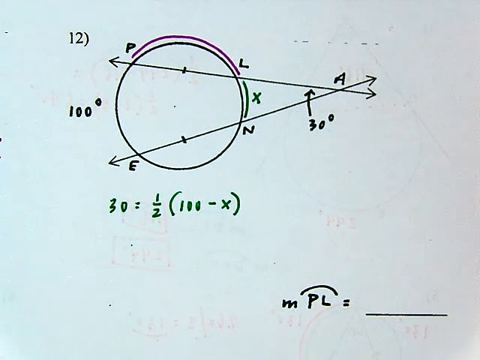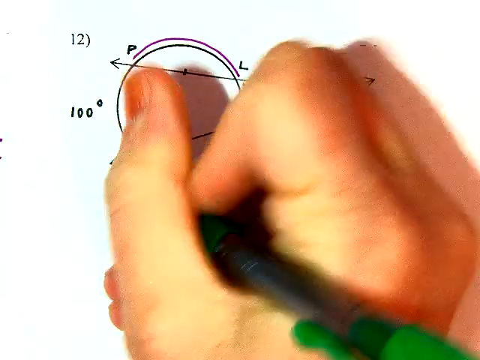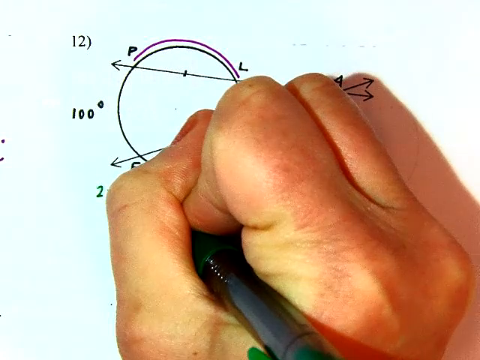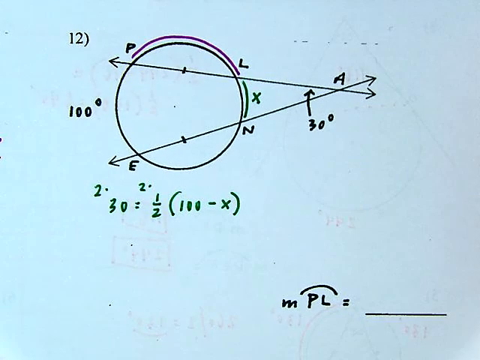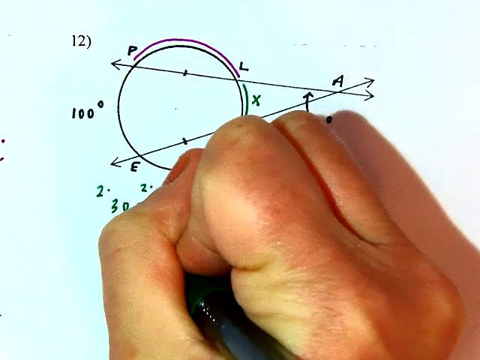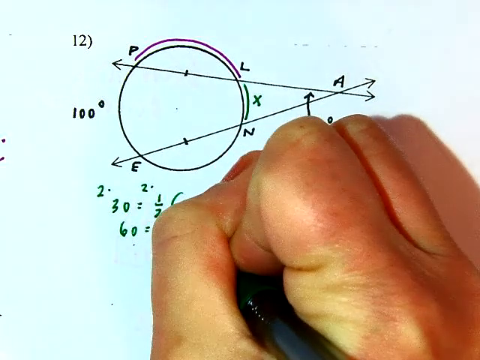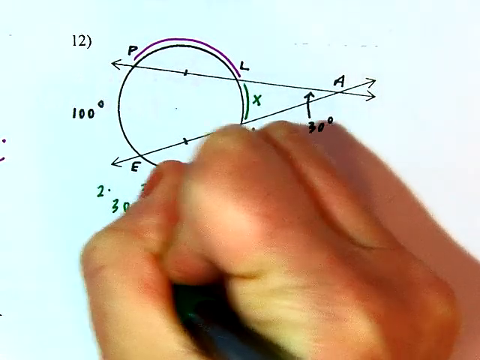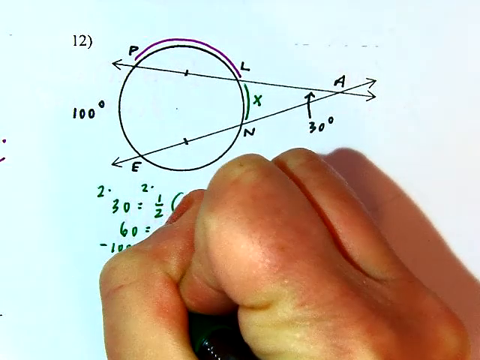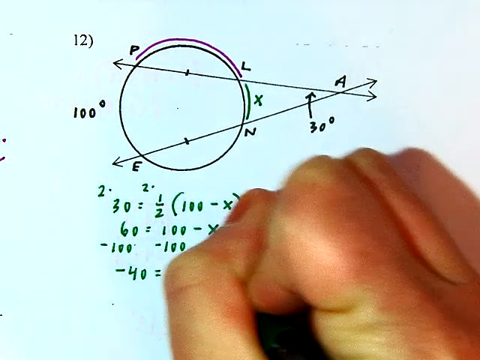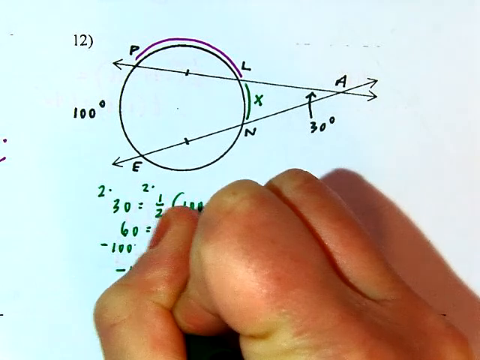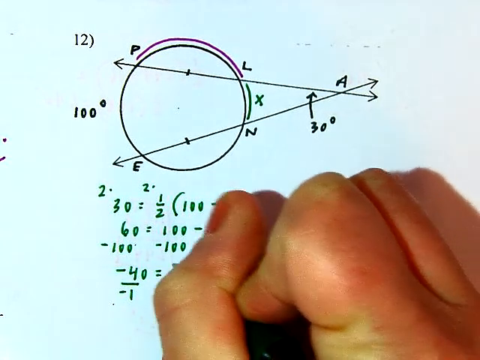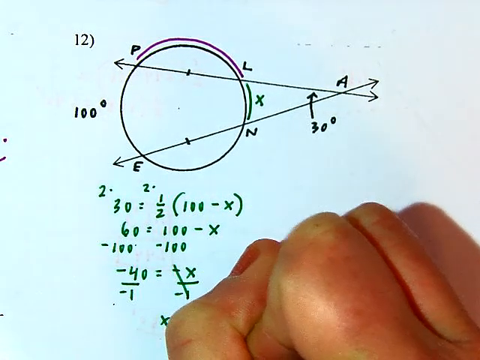I'm going to clear my fraction on both sides by multiplying by 2. So 60 equals 100 minus x. Take away the 100. So negative 40 equals negative x. Divide by negative 1, and x is 40.